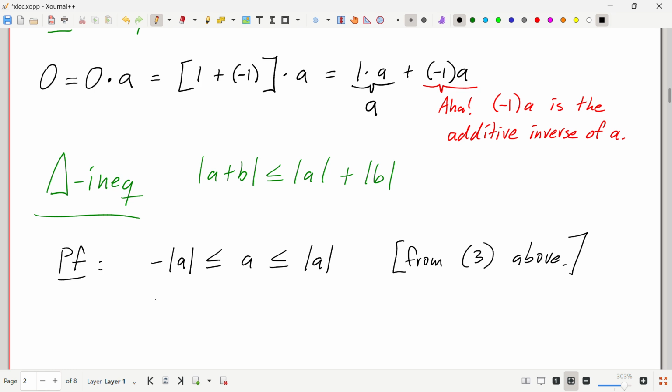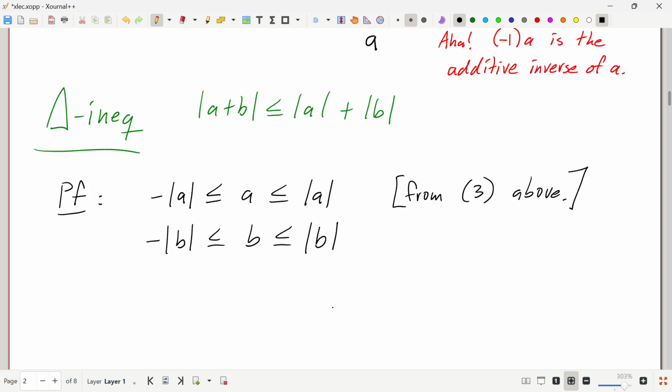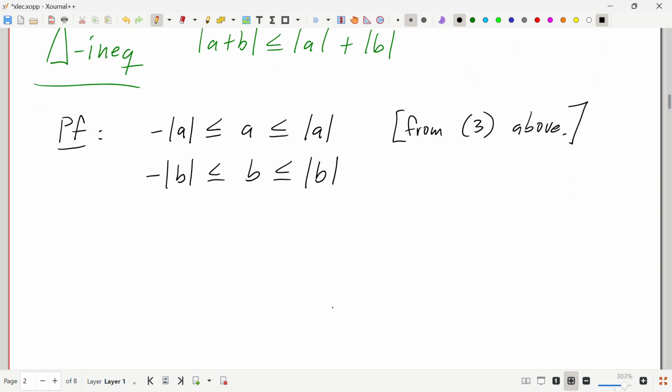Similarly for b, minus absolute b is less than or equal to b is less than or equal to absolute b. If I was going to prove these things, I would check them for positive, 0, and negative and say, sure enough, those are true.